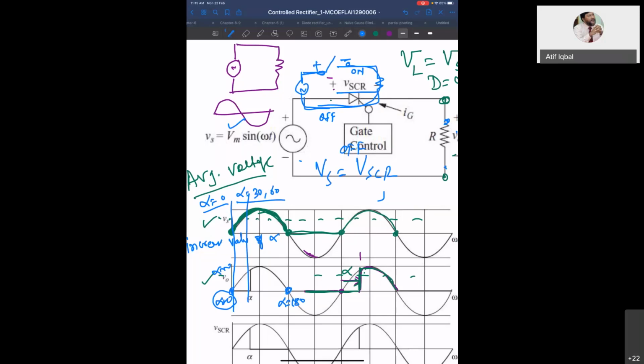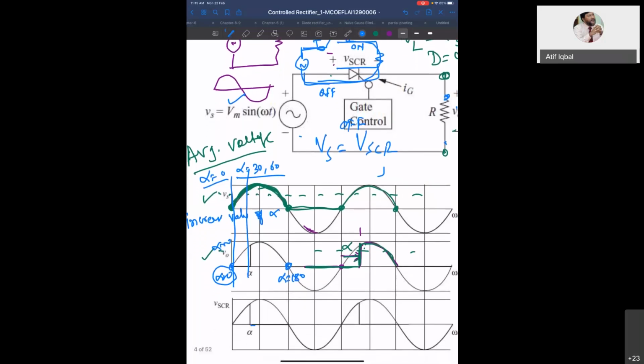So from here to here, this is the period when it is on. So when it is on, the voltage is 0.